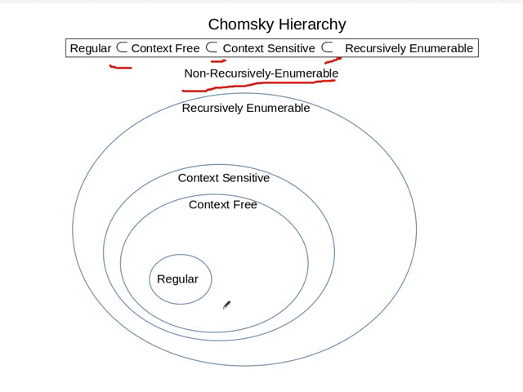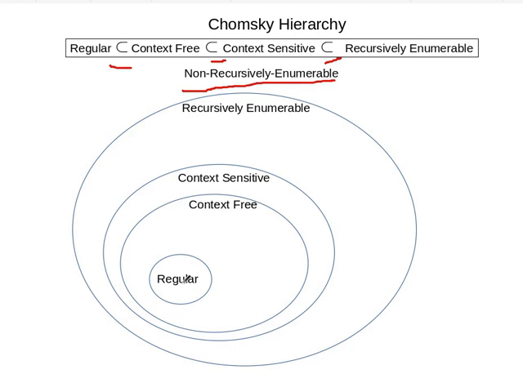So the grammar corresponding to this largest class is type 0 grammar or unrestricted grammar. This is context-sensitive grammar or type 1. This is context-free grammar or type 2, and this regular is regular grammar, type 3.